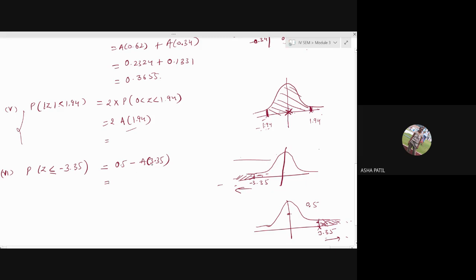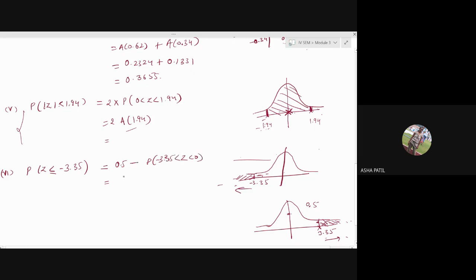Again, if you want it in detail, you have to write it like probability that minus 3.35 less than Z less than 0.